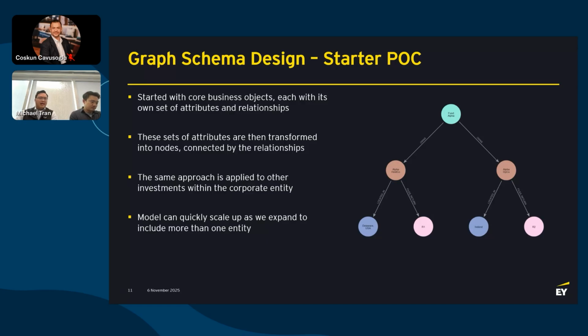One of the things to highlight here is that we come at it from the use case perspective, the client value and business value perspective. A lot of times it's really cool to see when you put your entire entity structure in a graph and you see this massive picture, a web of your entire structure. But if you want to prove out the value on specific things, we start small.